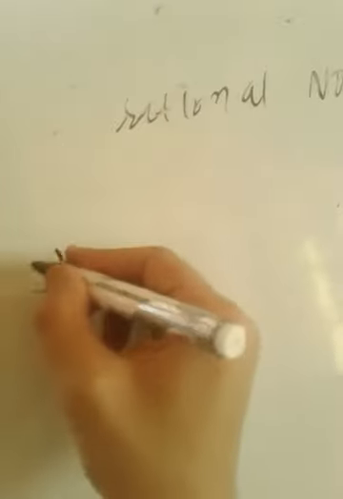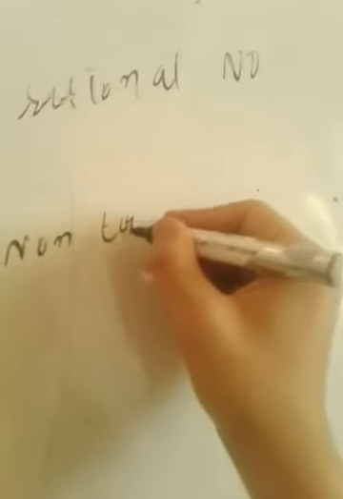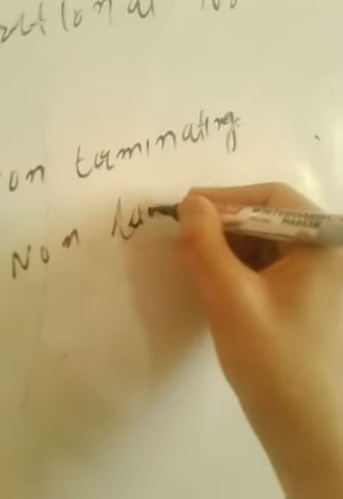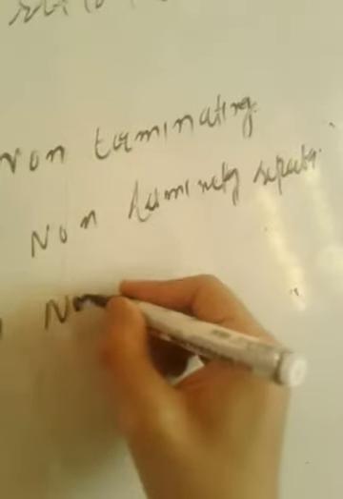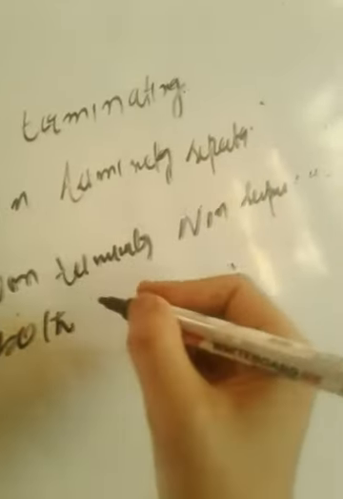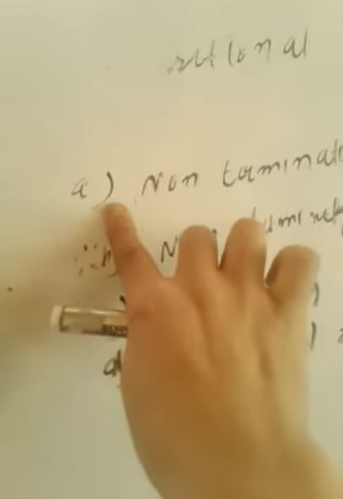The options were: first, non-terminating; second, non-terminating repeating; third, non-terminating non-repeating; fourth, both A and B. Most of the students marked this last option as their correct answer.